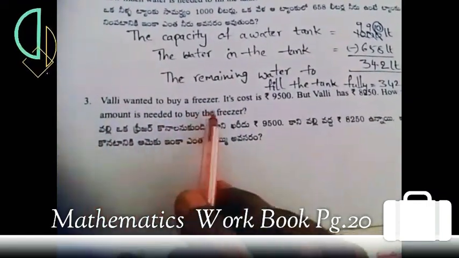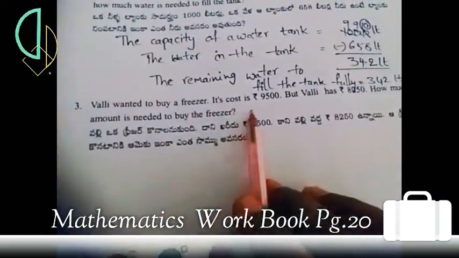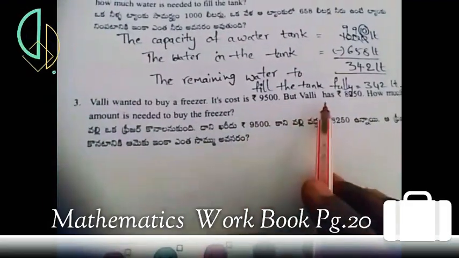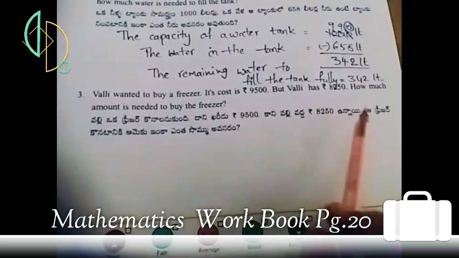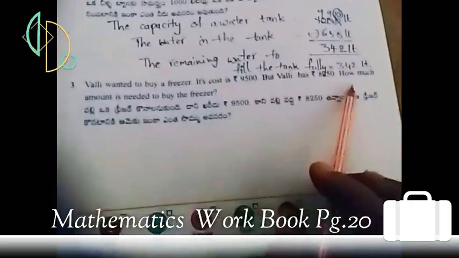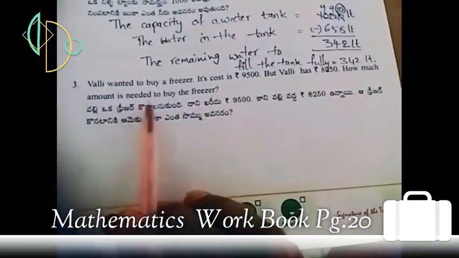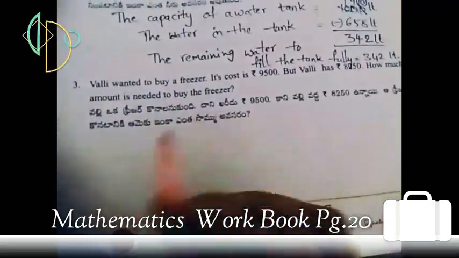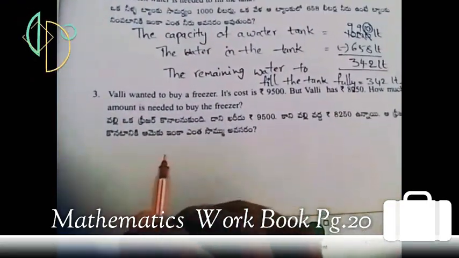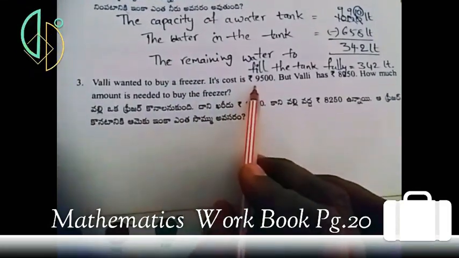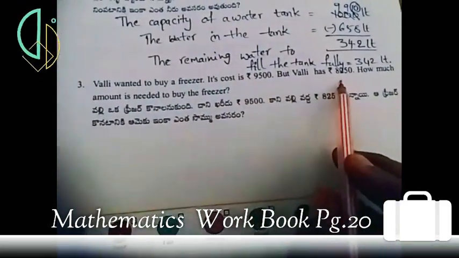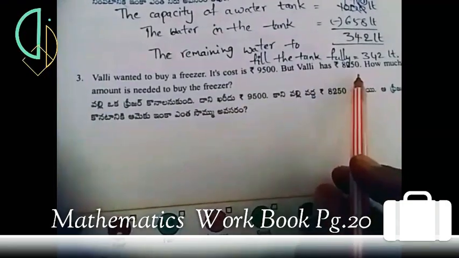Valli wanted to buy a freezer. Its cost is 9,500, but Valli has 8,250 rupees. How much amount is needed to buy the freezer? How much does the freezer cost? 9,500, but Valli has 8,250 rupees only.